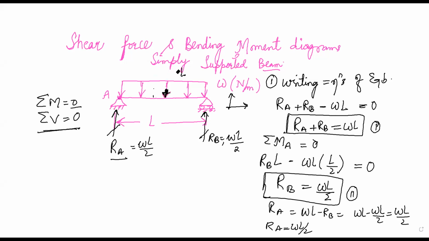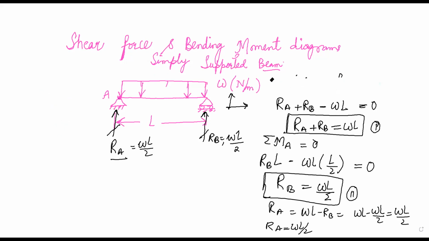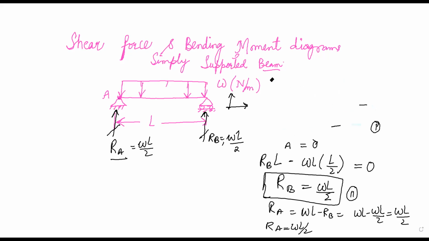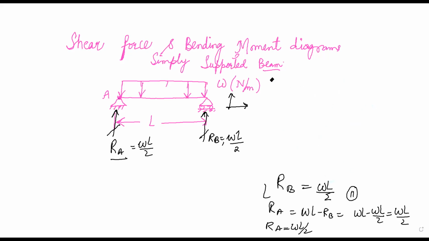For drawing the shear force and the bending moment diagram, we will first be using the method of sections. In the method of sections, we have to draw a section at any point of this beam. How we draw the section is important for us.